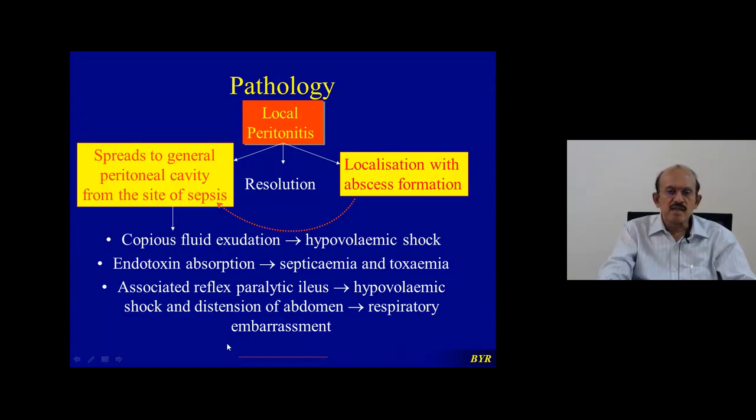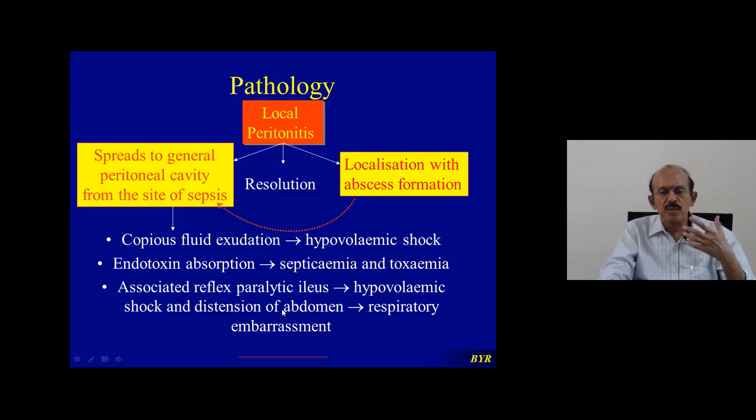Whenever there is peritonitis, there will be reflex paralytic ileus. This reflex paralytic ileus will cause sequestration of fluid in the gut. Again, that adds to third space loss. So the hypovolemia will be aggravated. And the paralytic ileus will be so severe that there will be huge distension of the abdomen.